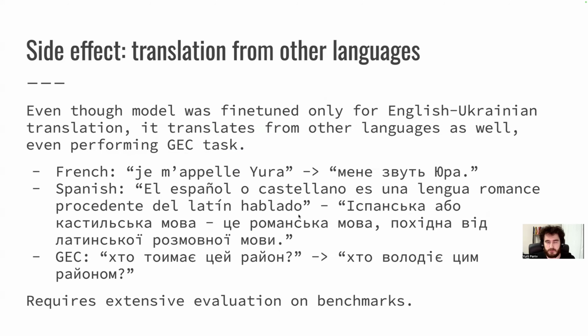As a side effect, we found that even though our model was fine-tuned only for English-Ukrainian translation, it translates from other languages as well, even performing the GEC task. GEC means grammatical error correction. You can see examples of translation from French to Ukrainian, from Spanish to Ukrainian, and performing grammatical error correction for Ukrainian as well.